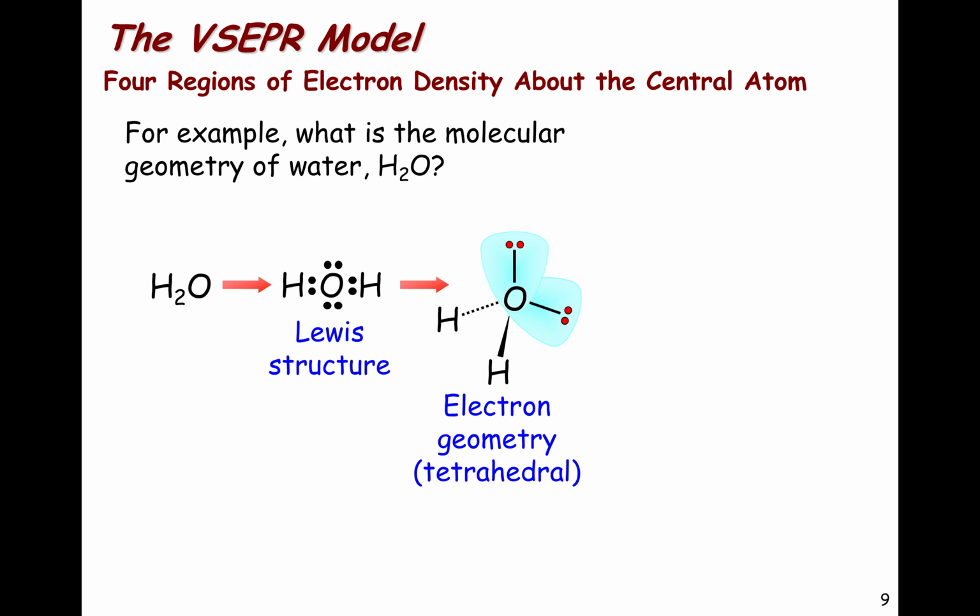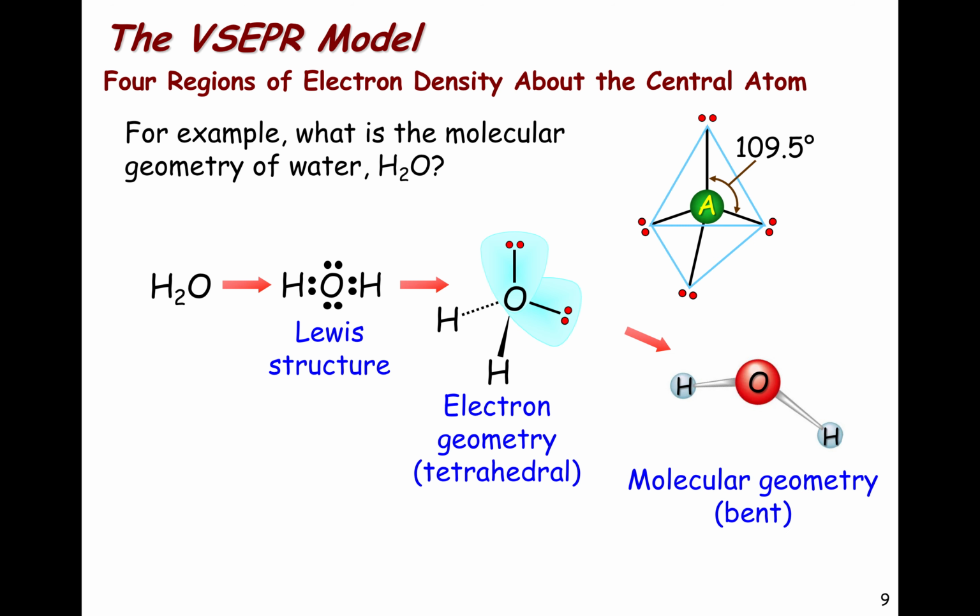Again, there are 4 electron regions, 2 of them being bonding and 2 of them being lone pairs. So the electron geometry is again a tetrahedron with angles of 109.5. But the molecular geometry is described as being bent. The angle between the H, the O, and the H is again approximately 109.5 degrees.